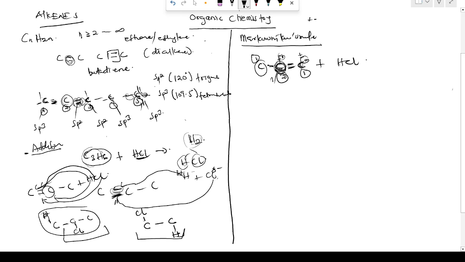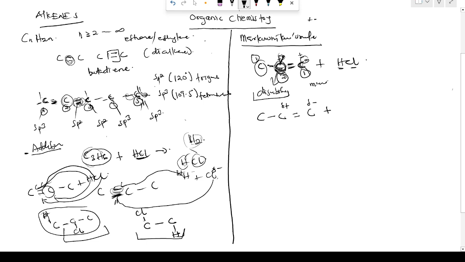So this carbon is di-substituted, but this carbon is mono-substituted. Which one is more substituted? It's the di-substituted. So this carbon becomes a carbocation. When I do the splitting, I get C bonding to C partial positive, and the double bond goes to C partial negative.